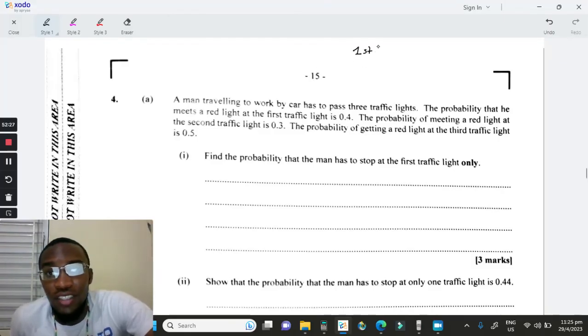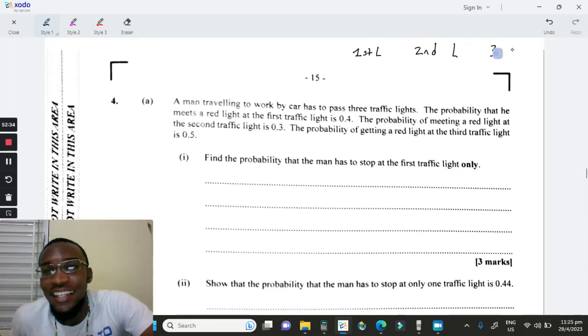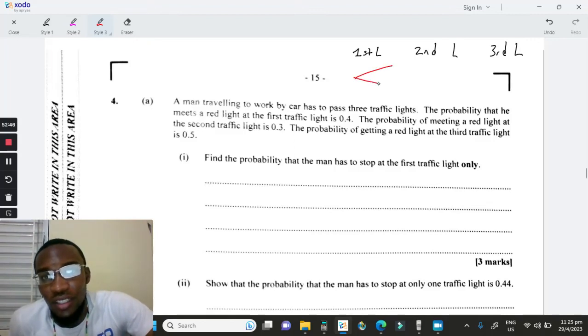So I have first light, second light, and third light. He either meets a red or he doesn't. The chance he meets a red is 0.4.